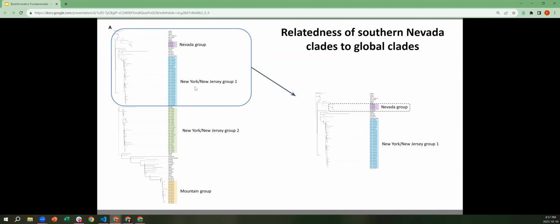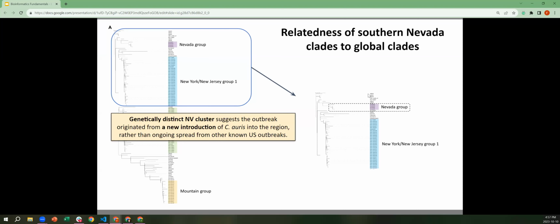And what we can conclude from this is that this is a distinct Nevada group. So while there may have been some transmission from New York to Nevada, this was not a direct transmission. The samples are simply not related enough. Candida auris is a slow evolving pathogen, so we could set that threshold very nice and tight, and we can see that there is enough genomic distance between the Nevada group and the New York group to say that there was a unique introduction event in Nevada, not related to the New York group necessarily.